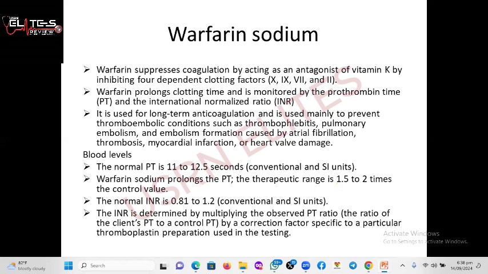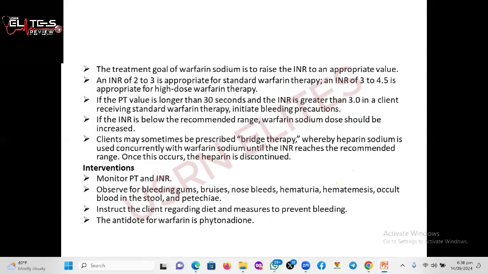And so when the doses are increased, you wouldn't expect their INR level to be between 2 to 3. They mostly have about 3 to 4.5 for people on high dose of warfarin. Their INR is 3 to 4.5.